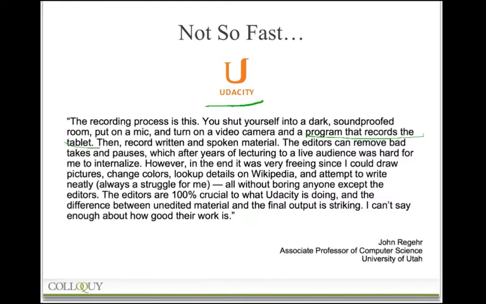He didn't really say, but the one thing that I thought was really interesting about this quote is he talked about the editors being crucial to what Udacity is doing. And again, if you pause this video and read this little paragraph here, it talks about how a lot of ums and ands were edited out of the final product.